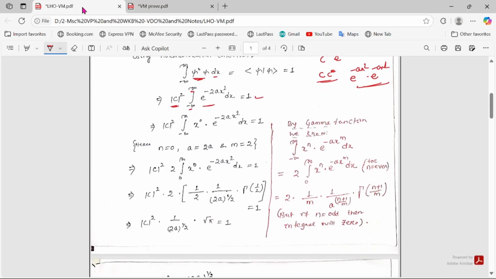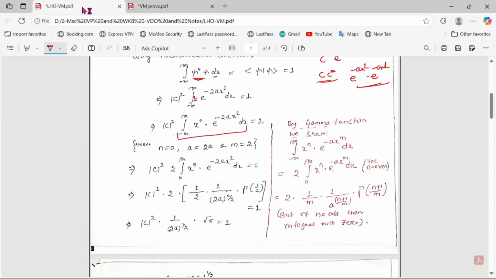That implies c mod square times this integral. Here, in place of 1, I can write x to the power 0, so the integral is x to the power 0 into e to the minus 2a x square dx, equal to 1. Why did I write it in this format?